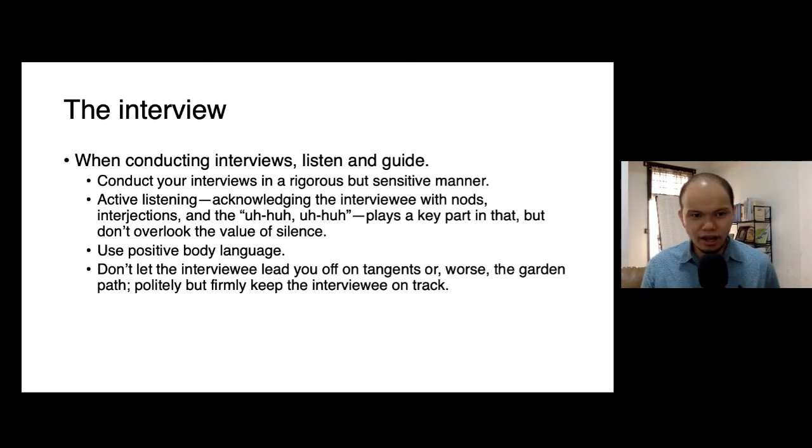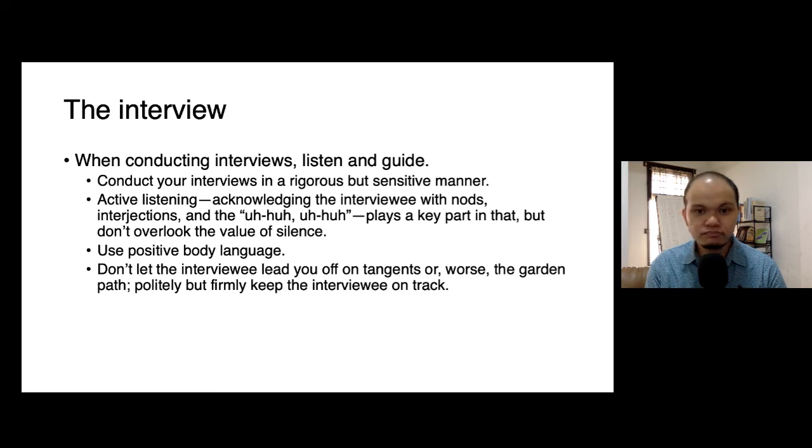So make sure that you really show the interviewee that you're interested in them, and you're not just going through the motions. It's also a sign of respect to the interviewee. Remember, you are pulling them off from whatever they're doing. They could be doing something else, but they're there with you, conducting an interview. So that's the idea with having positive body language.